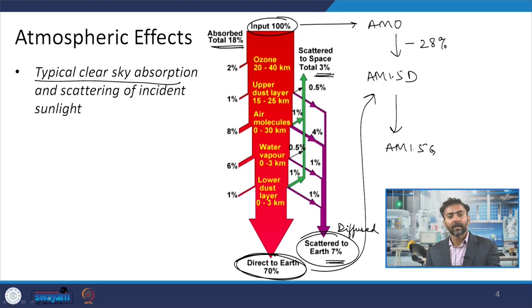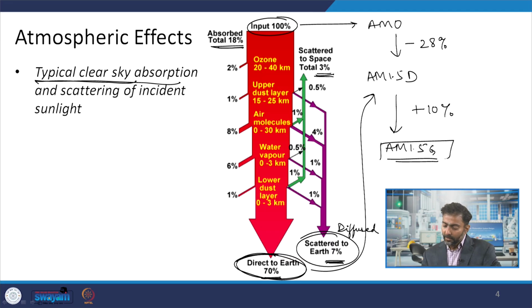And also you can see, as you can look at the numbers in this slide, that under typical clear sky conditions, the ratio of direct to diffused is almost 10:1. So, that means that if I augment the AM 1.5D with another 10% radiation, then I end up with the AM 1.5G radiation. And this AM 1.5G is what is colloquially or simply called as AM 1.5.